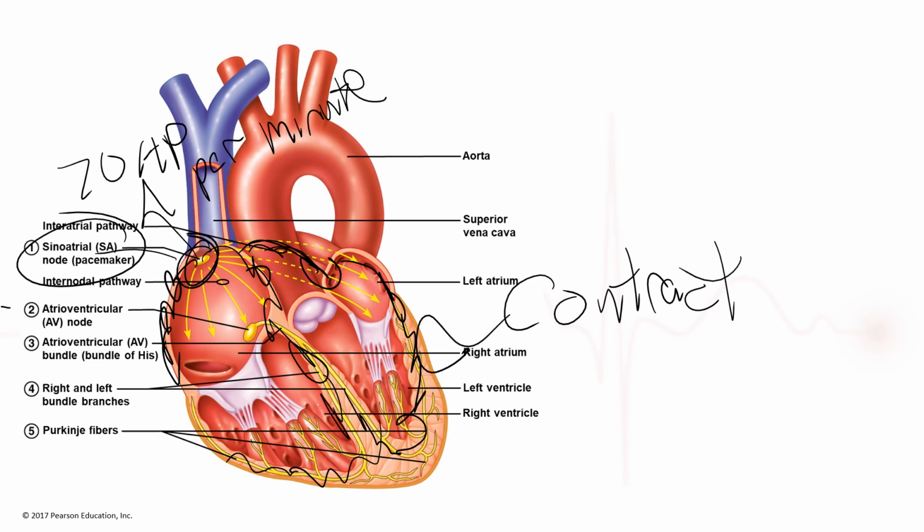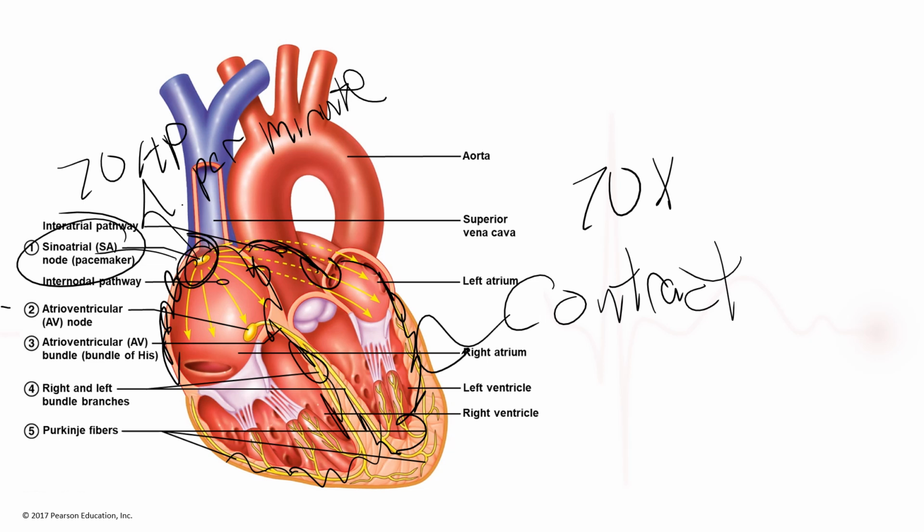That means that 70 action potentials per minute are going to propagate throughout all of the contractile fibers of the entire heart, and the entire heart is going to contract 70 times per minute. We call that a heart rate of 70 beats per minute.